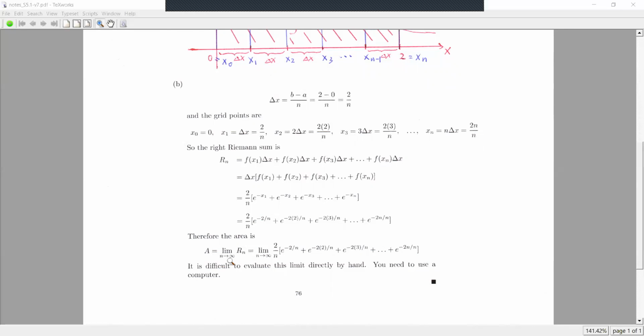Plug in this sum for Rn, then we get this equation. This is the answer to this example. This limit by hand is impossible to get. Then how to get this limit? You need to use a computer if you want to find the limit.